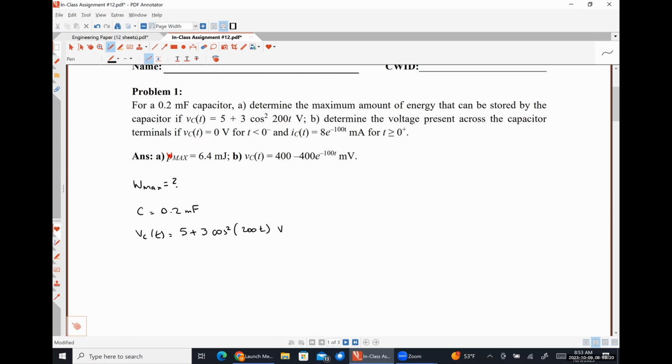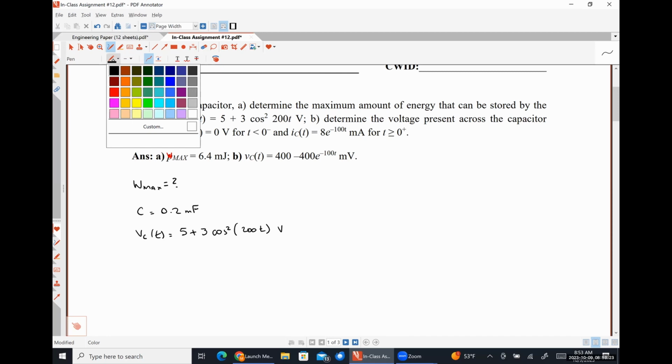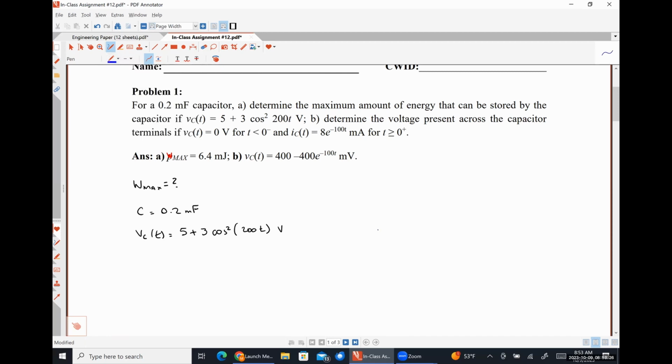The trig identity that I personally am going to use is cosine of some angle 1 times cosine some angle 2 is 1/2 cosine angle 1 minus angle 2 plus 1/2 cosine angle 1 plus angle 2, where in this case, angle 1 is 200t and angle 2 is also 200t.